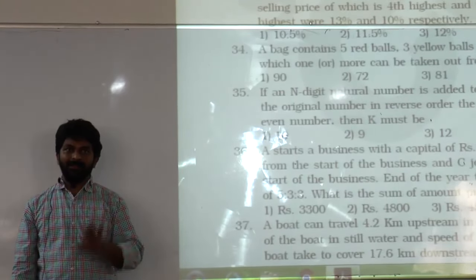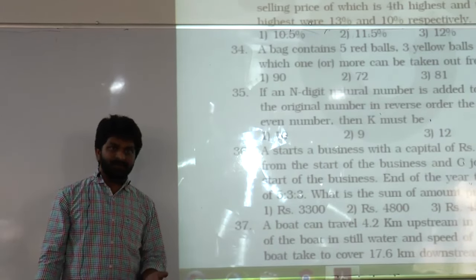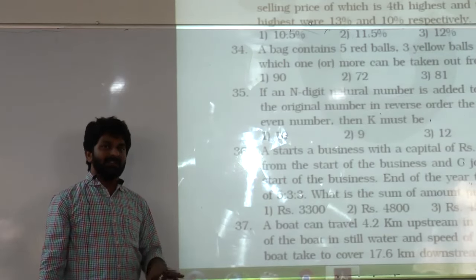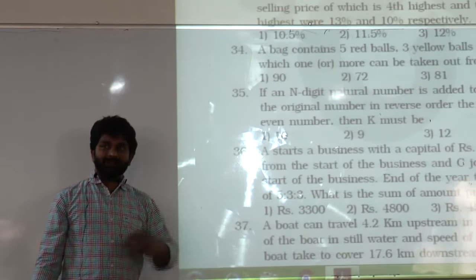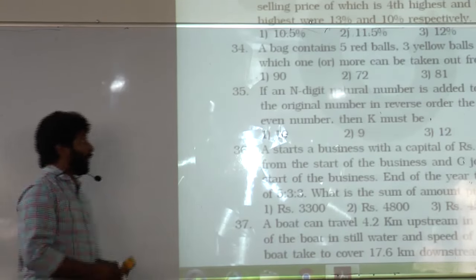Right. In what ratio will we divide profits? Investment multiplied by time ratio. B joined the business after 6 months from the start, so B is going to stay there for only 6 months, and C joined after 8 months from the start of the business, so he is going to be there for only 4 months.